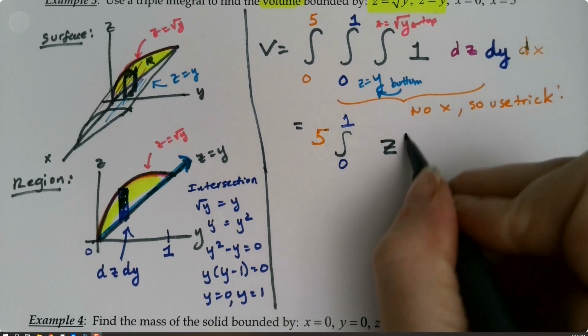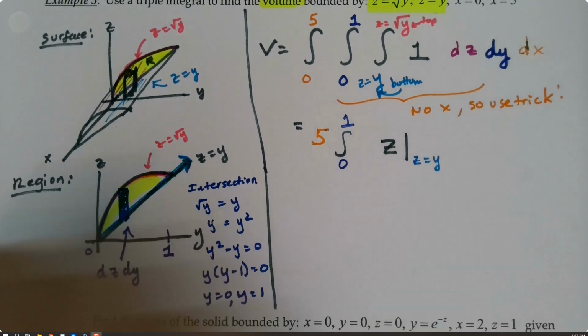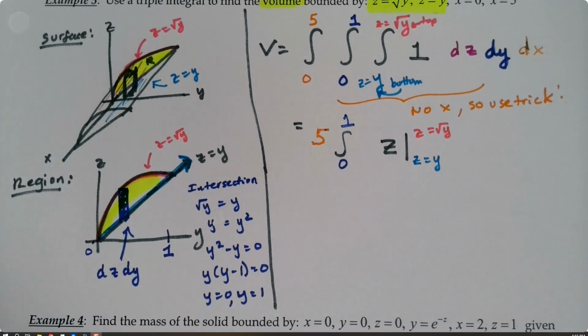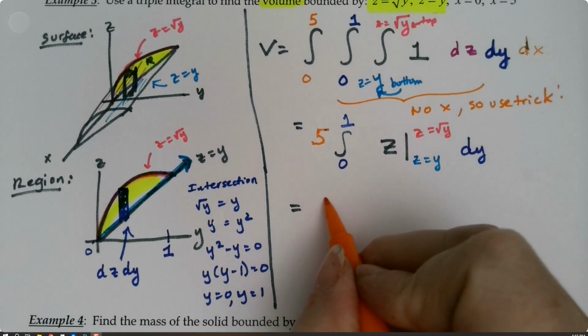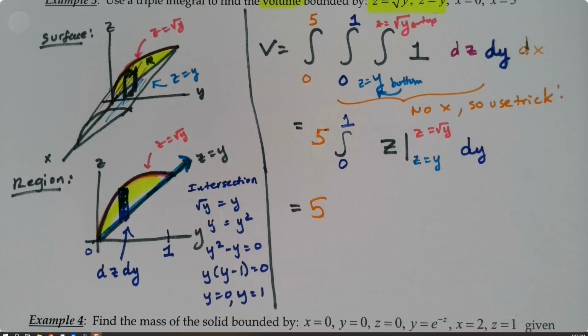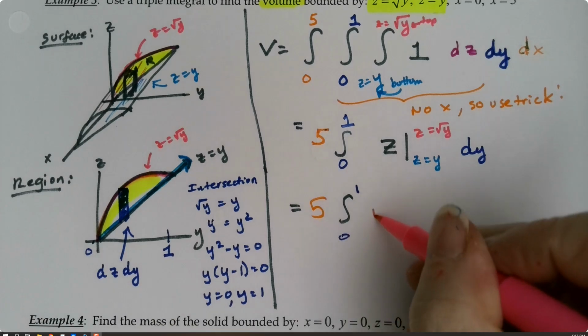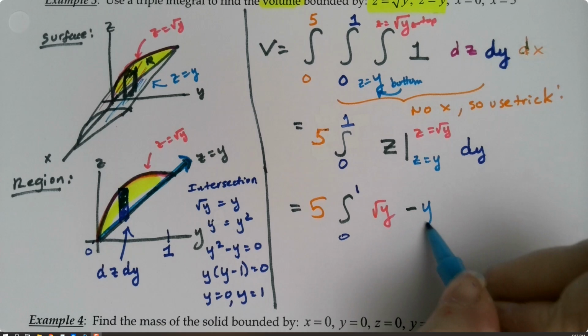It'll be z from z equals y to z equals the square root of y, dy. All right, so that's 5 times the integral from 0 to 1, and that would be the square root of y, take away y, dy.